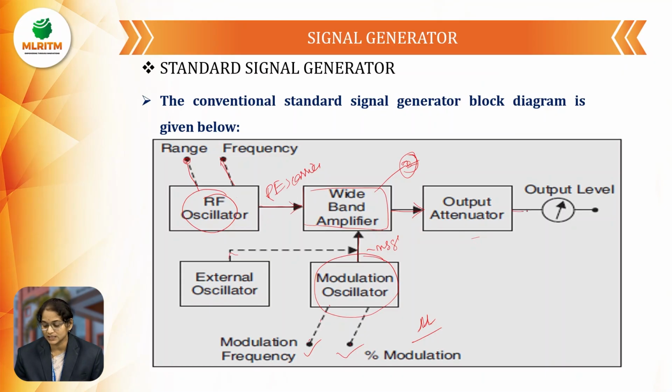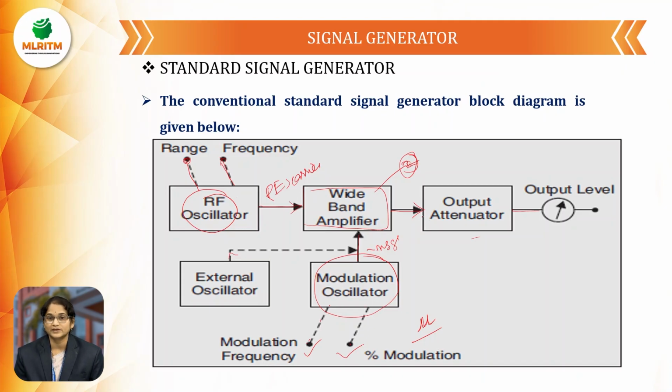The signal coming from this output attenuator is given to the output level. So this is about the standard signal generator. We generate the particular signal with the help of the RF oscillator and wideband amplifier, with the input from the modulation oscillator and external oscillator.